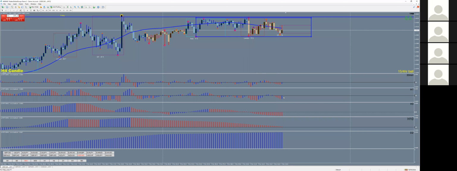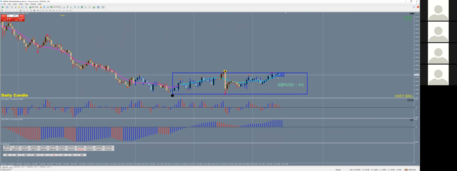H3 is bullish. So we'll be looking for a high of the session and the high of the day to go short, because according to this, we're at the top of the range.